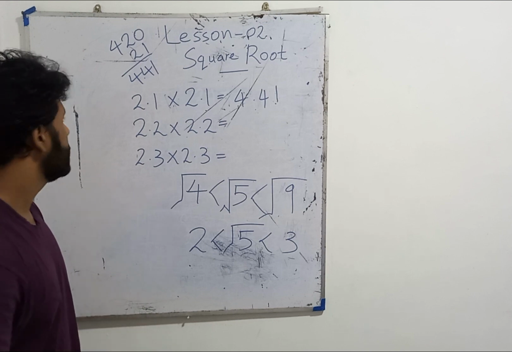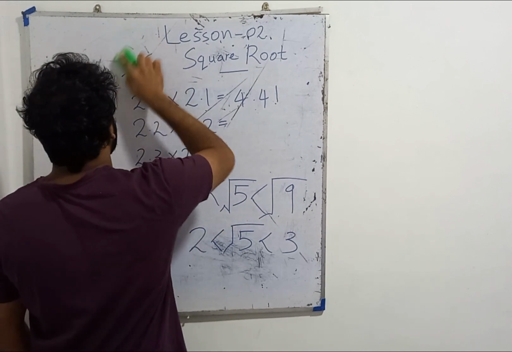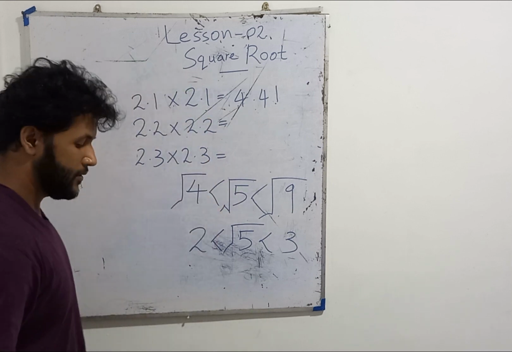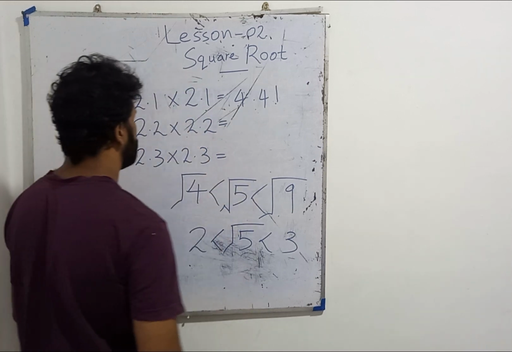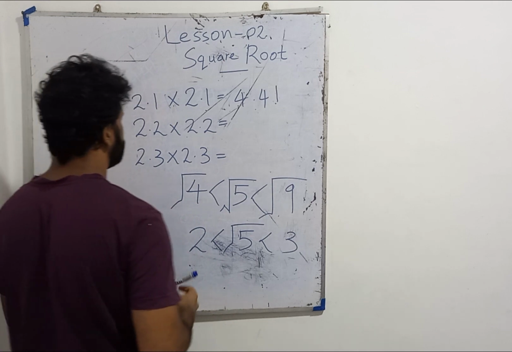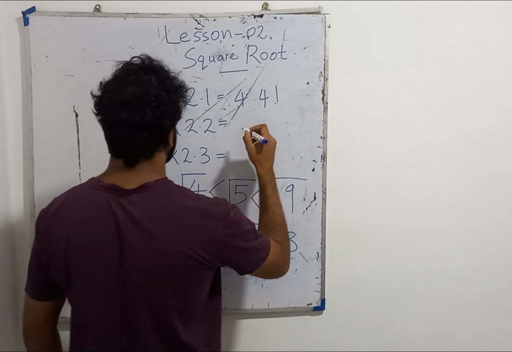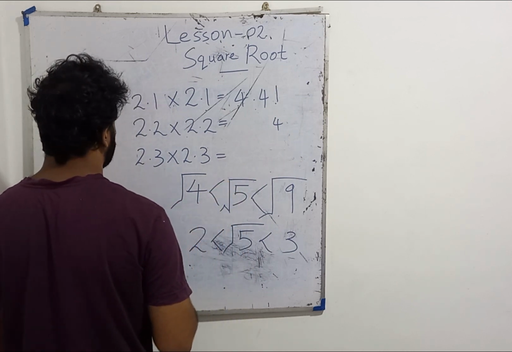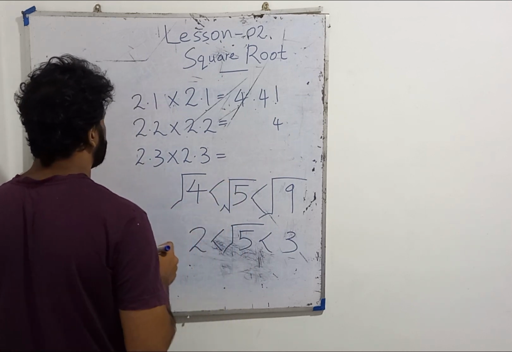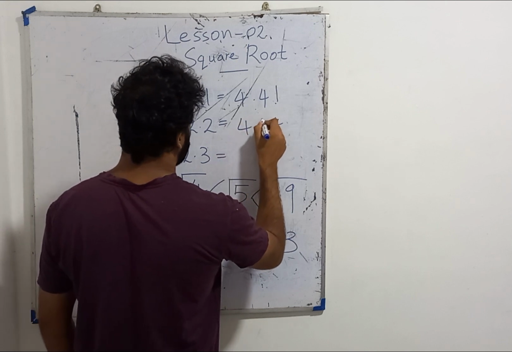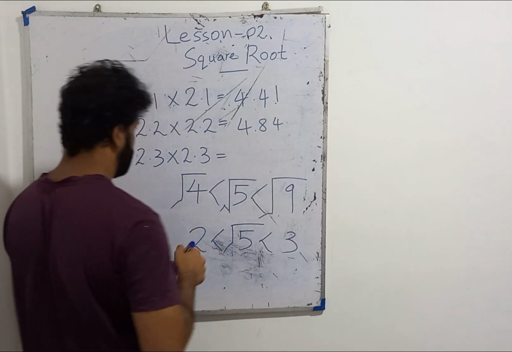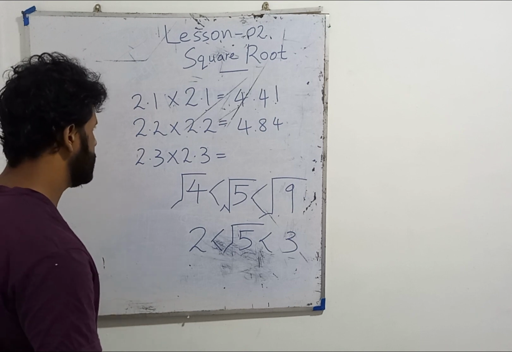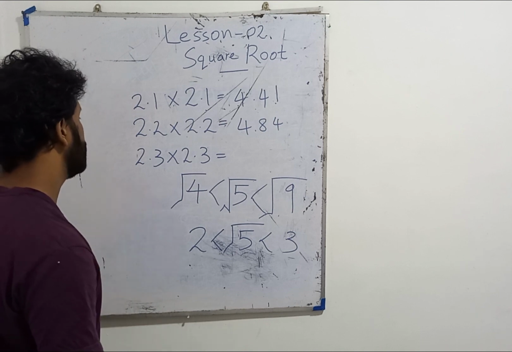Simple, right? Then 4.41, that's easy. Then 2.2 times 2.2 is going to be 4.84.